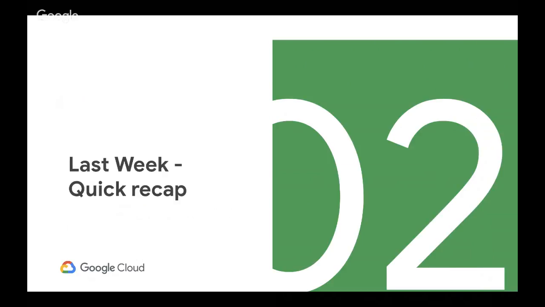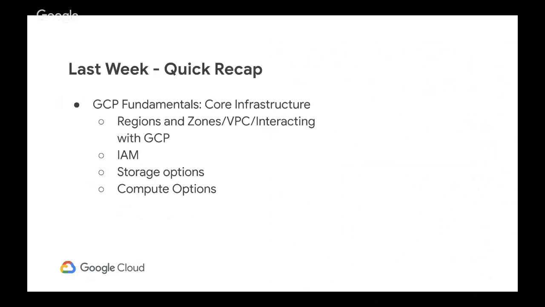Now, briefly touching on a recap from last week. The GCP fundamentals core infrastructure really covered the concepts of regions, what zones are, as well as what a virtual private cloud is and how to interact with the GCP platform. So the concepts of Cloud Shell and access and the web UI.